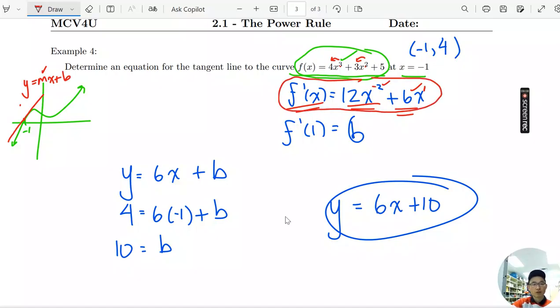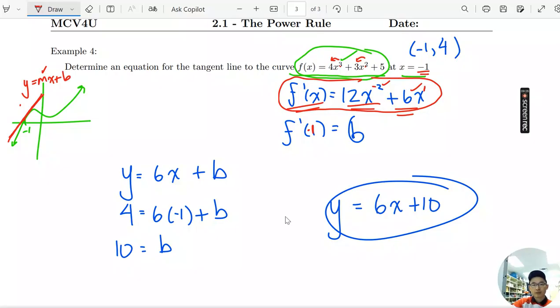So if I want to find the slope of that tangent line, I just sub in x equals -1. Okay. Uh-oh, this looks like a positive 1. That should be -1. So if I sub in -1, well, let's double check if this is right then. This might be wrong.